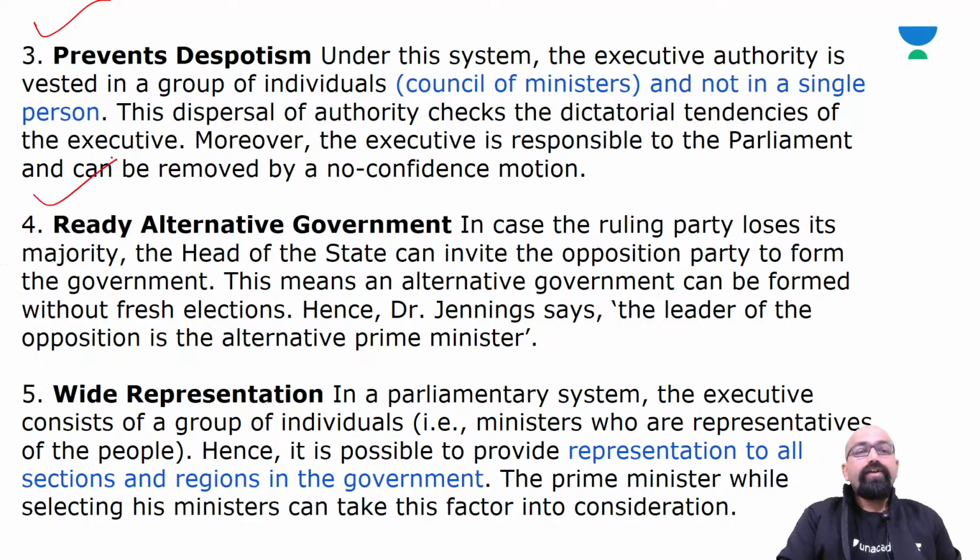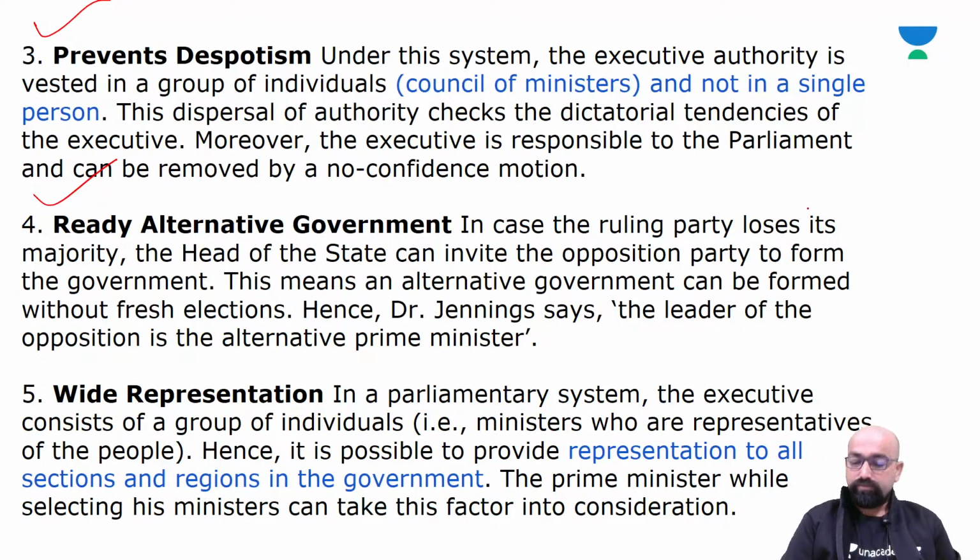Next is ready alternative government. Yes, friends. In case the ruling party loses its majority, the head of the state can invite the opposition party to form the government. Right.